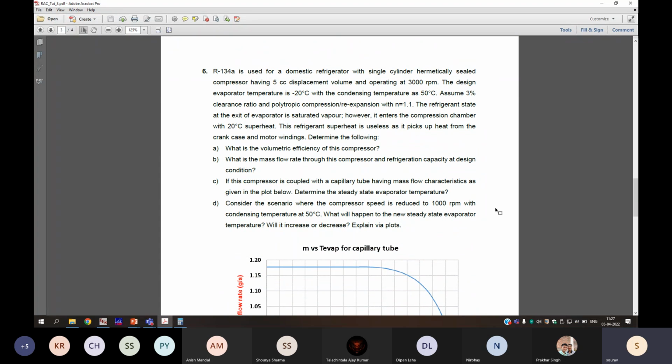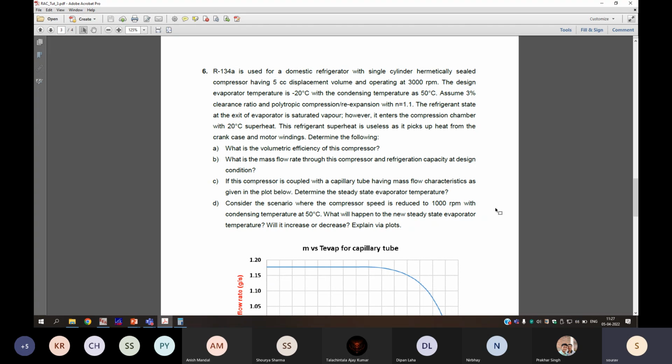Okay, next problem: R134a is used for a domestic refrigerator with a single cylinder hermetically sealed compressor having 5 cc displacement volume operating at 30,000 RPM. The design evaporator temperature is -20 degrees C, condensing temperature is 50 degrees C, assume 3% clearance ratio, polytropic compression and expansion with n equals 1.1.